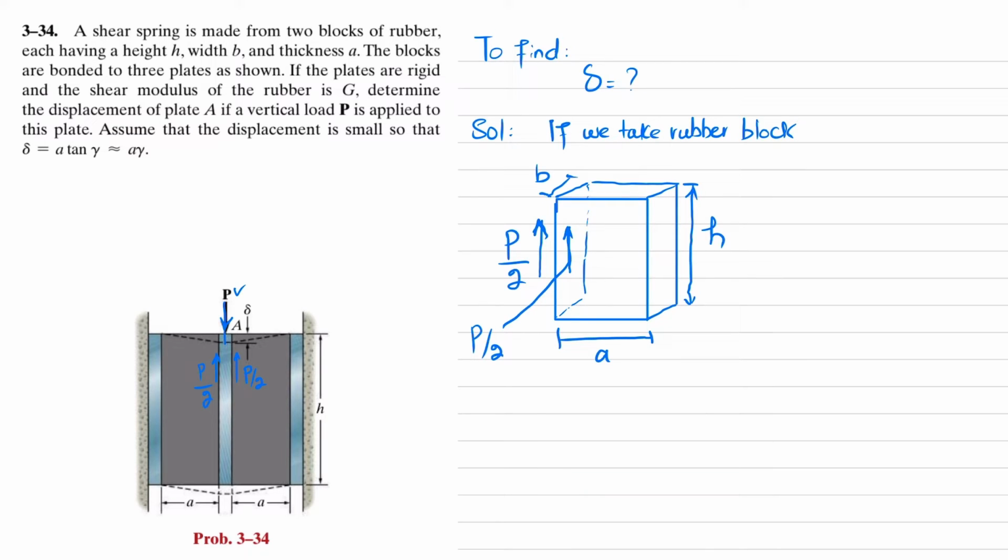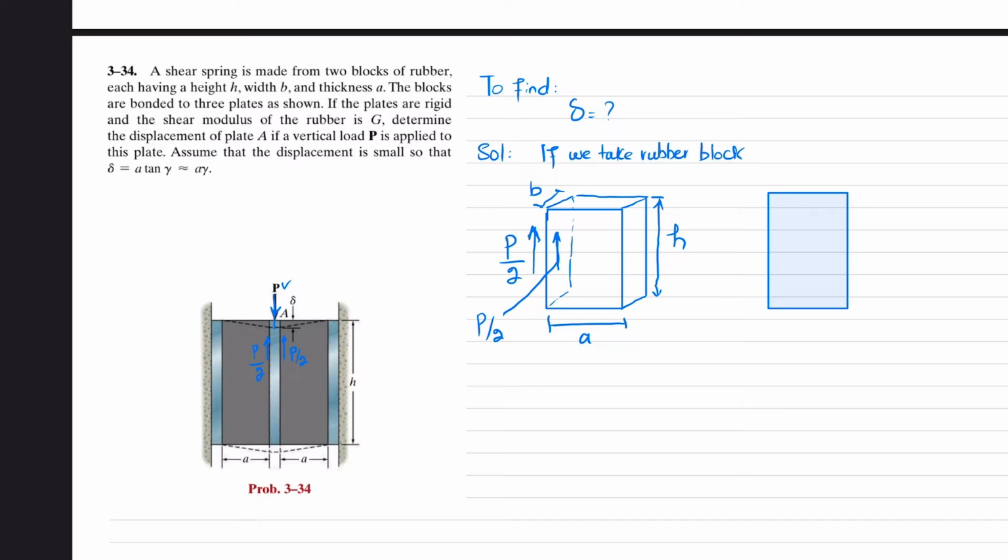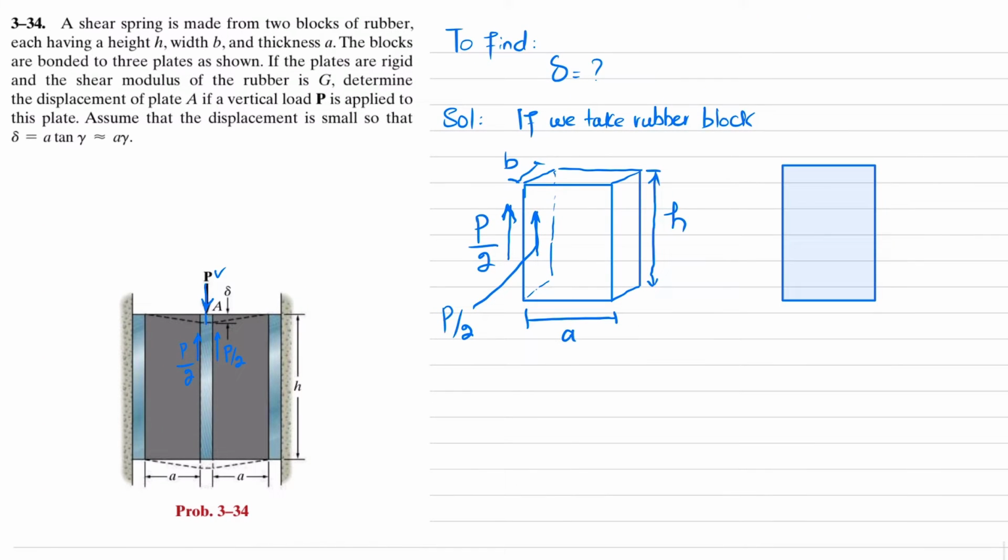If I draw it over here like this, due to the load there will be a deformation. Let this deformation be like this. The rubber block will bend like this. Clear? So we have to find this deformation, this deflection.